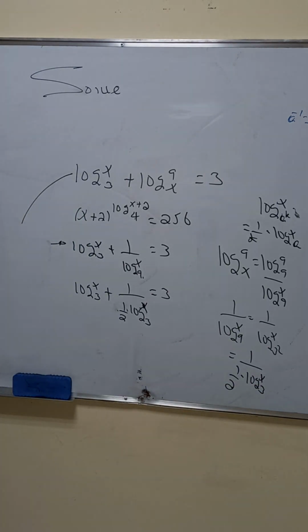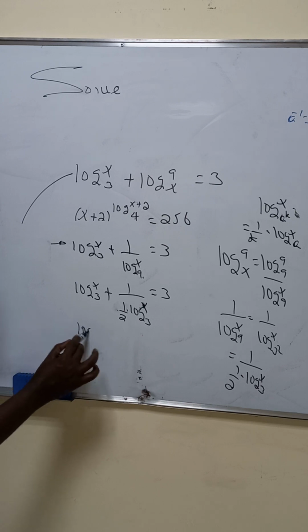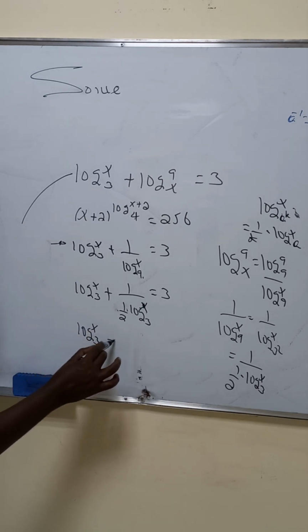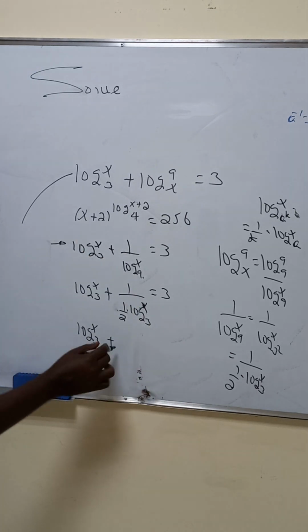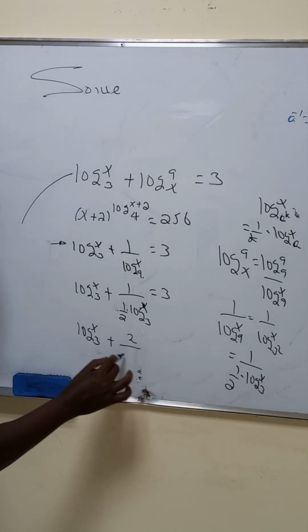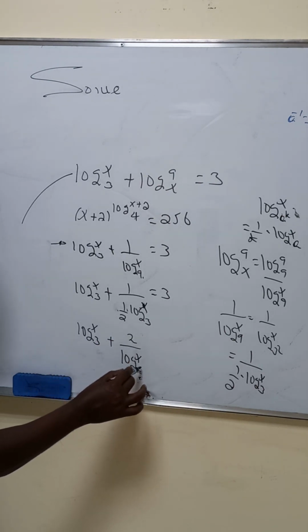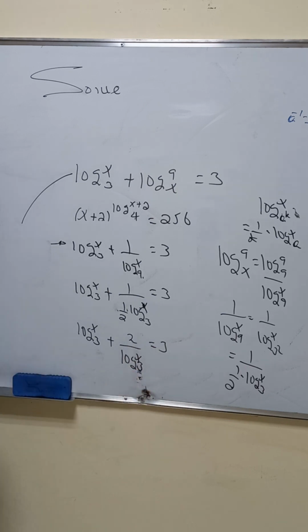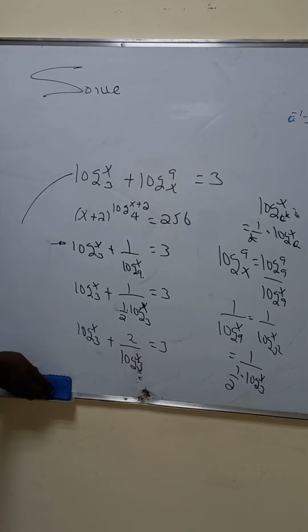So it is the same as this one. Therefore, the logarithm of x to the base 3 plus, taking the reciprocal, 2 over the logarithm of x to the base 3, which is 3.